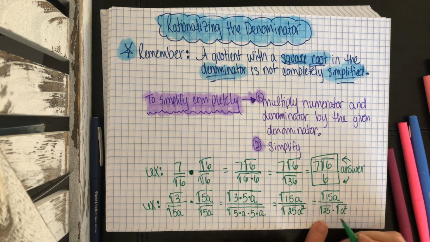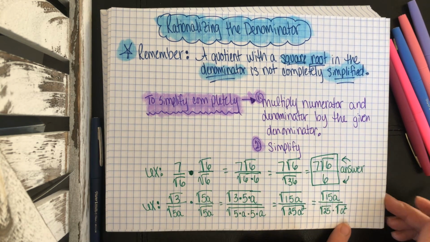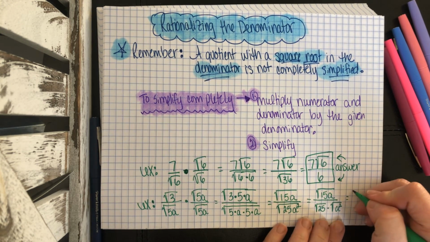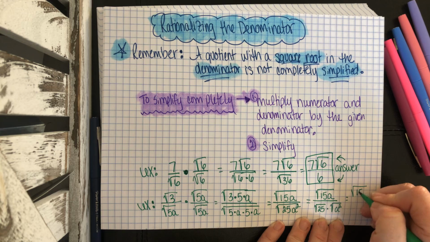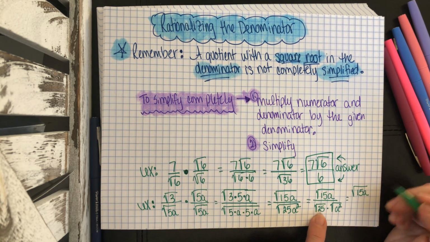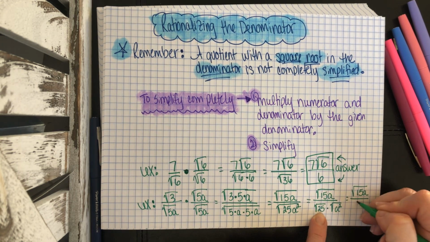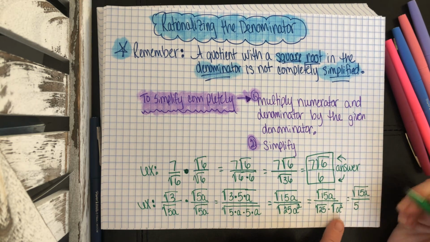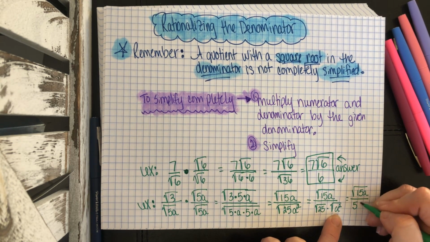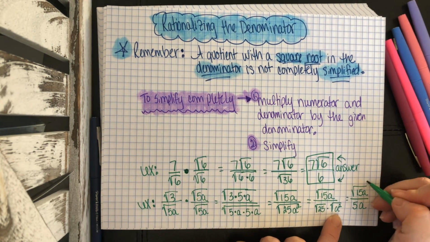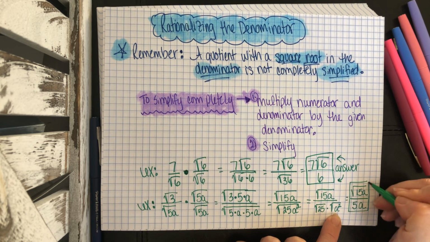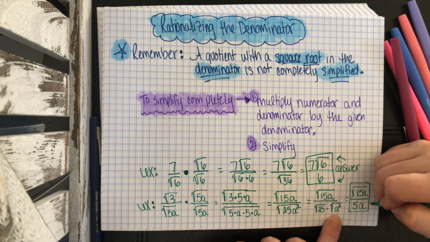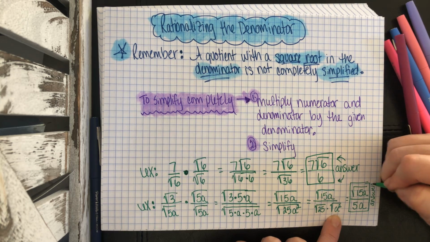So you're basically simplifying each of those separately. So now we end up with the square root of 15a over, the square root of 25 is 5, and the square root of a squared is a. So here you are, completely simplified.